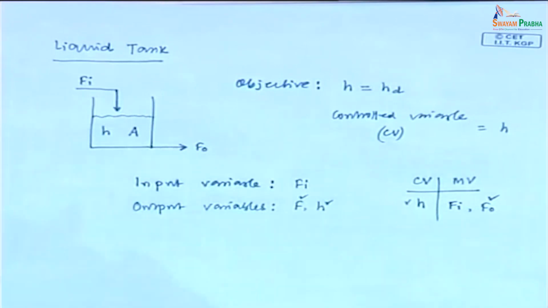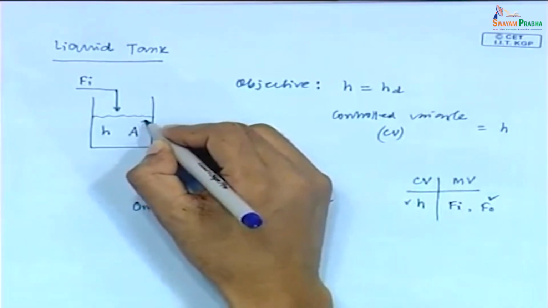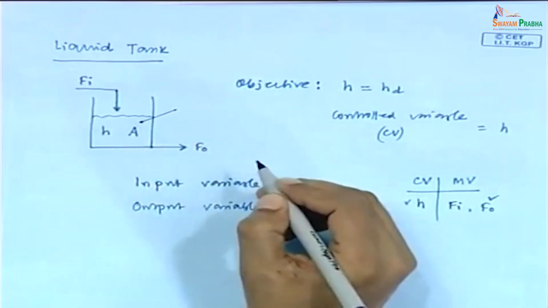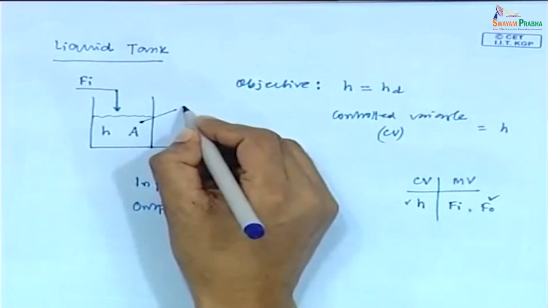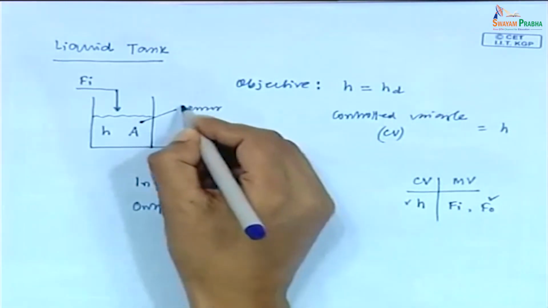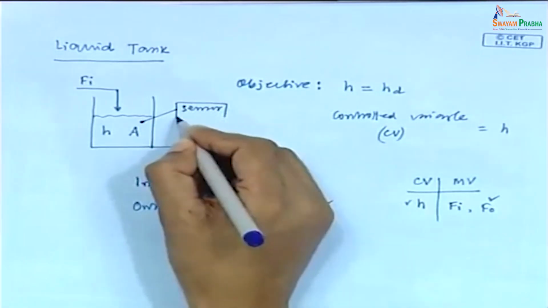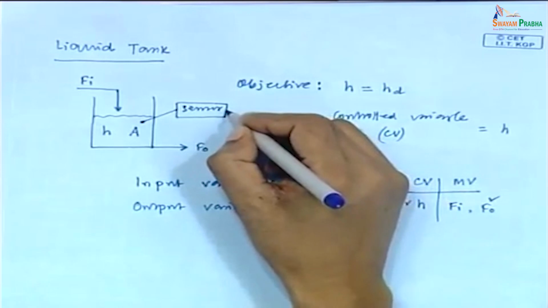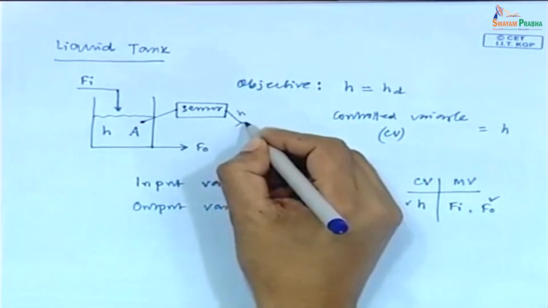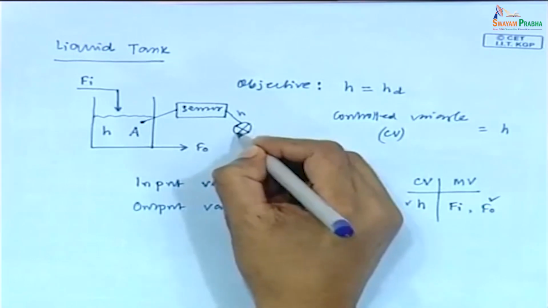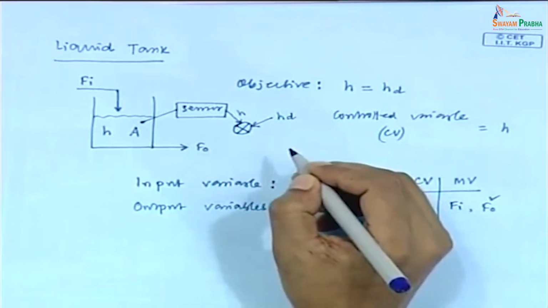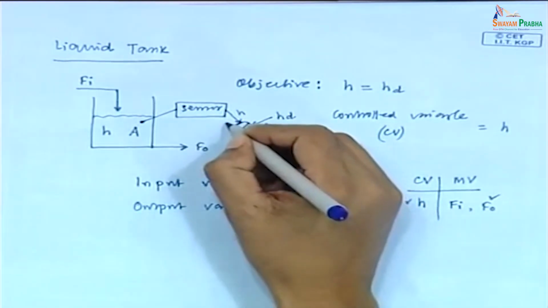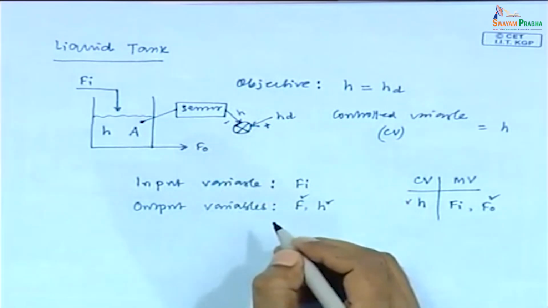So, what will be the control configuration as we have drawn for the heating tank system? First of all, we need to measure this height by a level sensor. Here a level sensor we can place which can measure the liquid height. Suppose this is height, then it is compared with the desired value HD. This carries positive sign and this is negative sign.